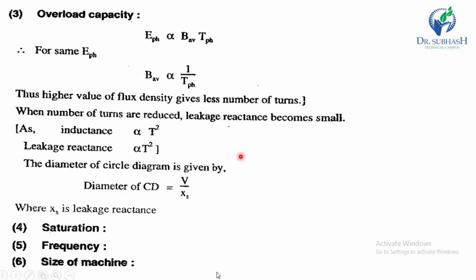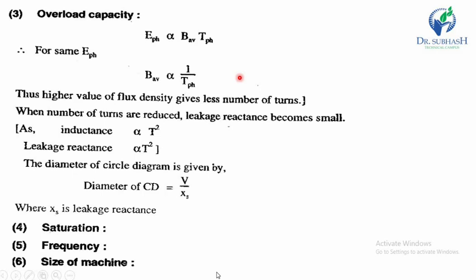B is proportional to phi and inversely proportional to A. So if we increase the value of Bav, we get a higher value of flux per pole. Now for the same voltage, the winding requires fewer turns per pole, which means that flux per pole is proportional to Bav, and for the same voltage, Bav is proportional to 1 upon turns per phase. Here turns per phase is taken as a constant value.